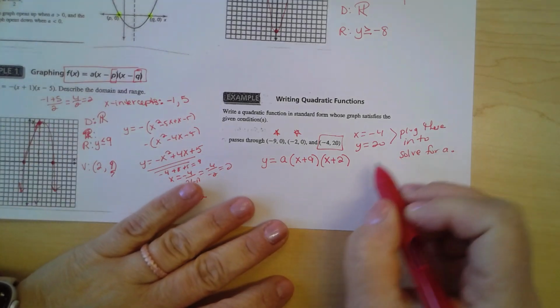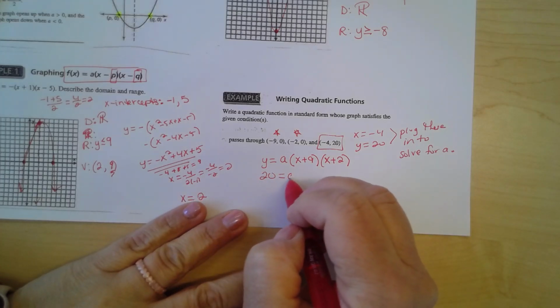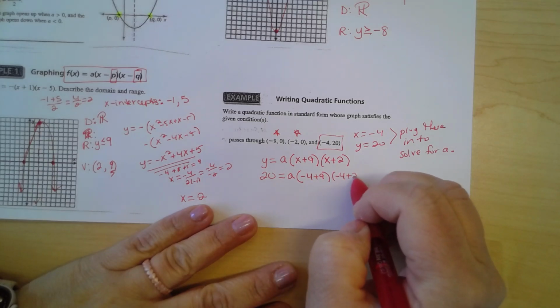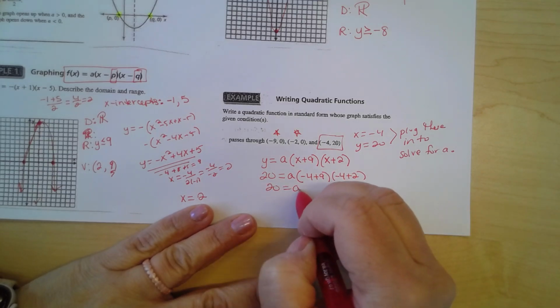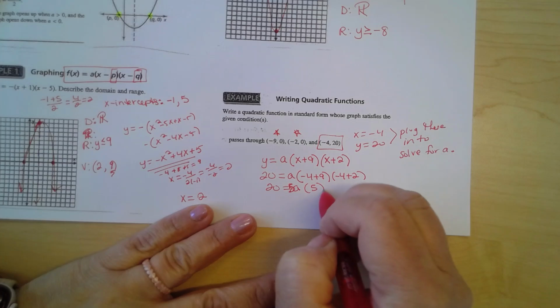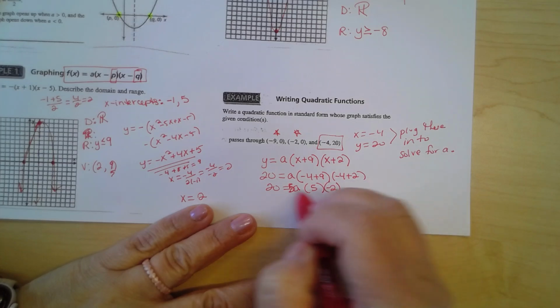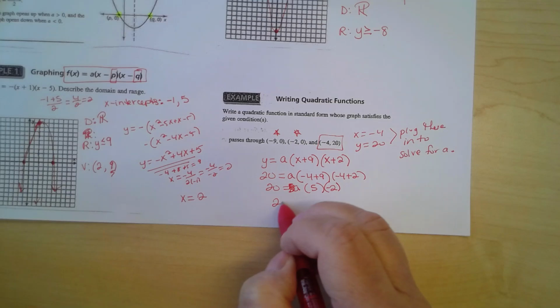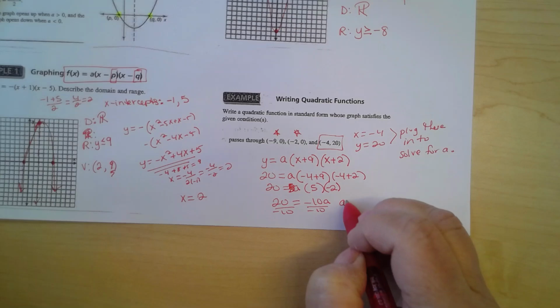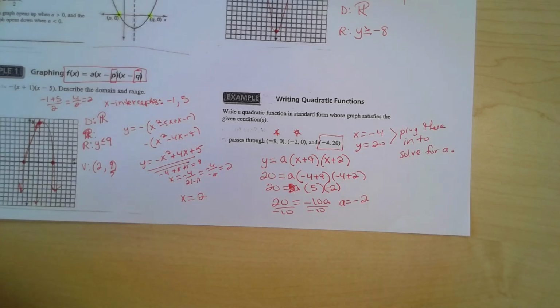Okay, so if we do that, what do we get? 20 equals a times negative 4 plus 9 times negative 4 plus 2. So if I multiply those, I get negative 10. I'm going to put negative 10 in front of a, and a should hopefully equal negative 2.